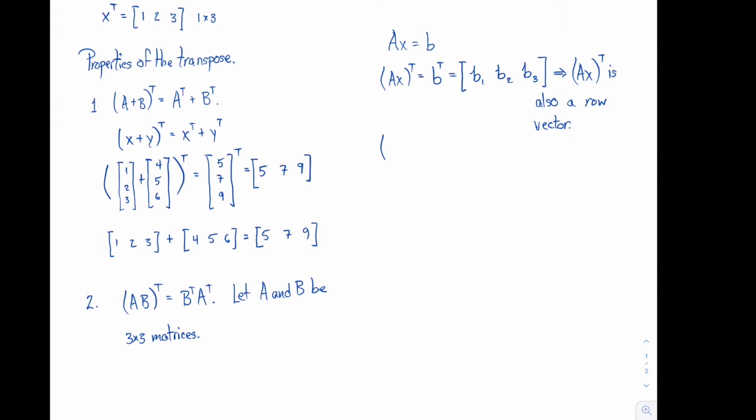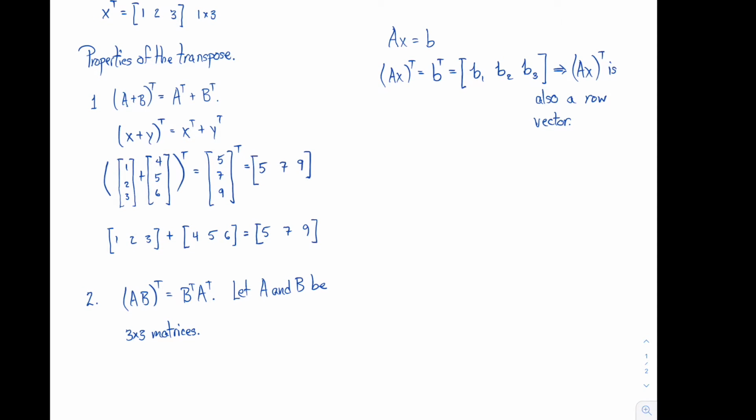Well, let's take a look. If I was going to multiply A times X, what that would mean is that I would take row, oh, yeah, I'm sorry, I had to think about that for a second. Let me go back.